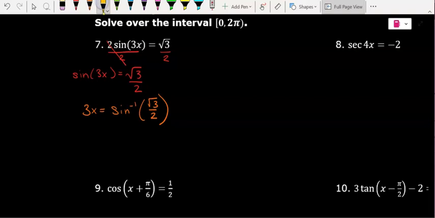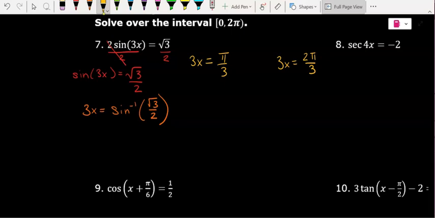So when I do this, I'm going to say that 3x is going to be equal to, sine is equal to square root 3 over 2 at pi over 3. It's also going to be equal to square root 3 over 2 at 2 pi over 3. So those are my first initial things that I'm going to be looking for.